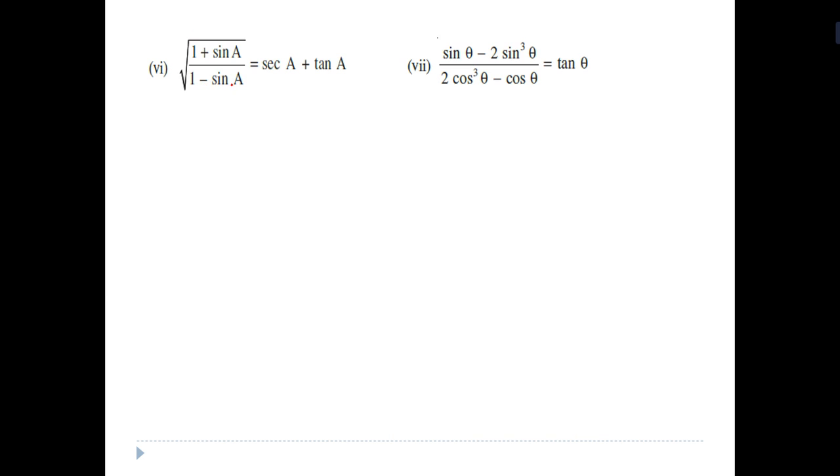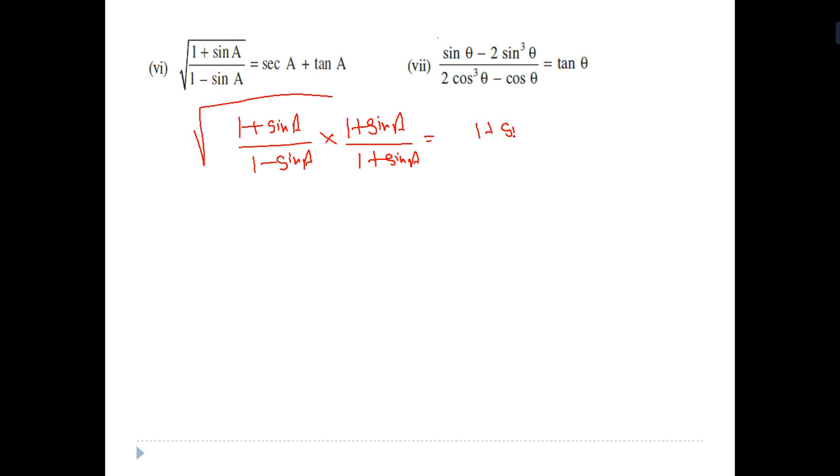1 plus sine, 1 minus sine. So when such types of sums are there, in 9th standard we rationalize the denominator. The same thing we have to do here, rationalize the denominator. So if a minus sign is there, then I have to write a plus sign. So in the numerator, 1 plus sin A whole to square, and in the denominator 1 minus sin square A. When the under root is there, then this square will be removed.